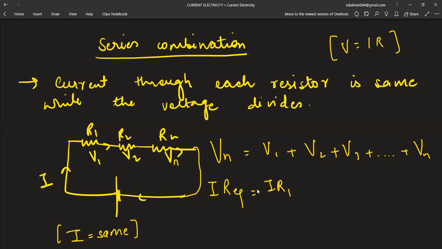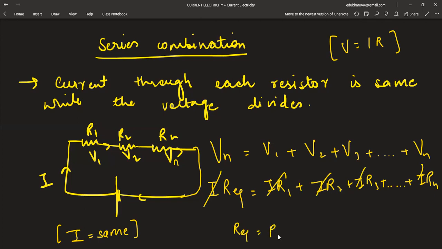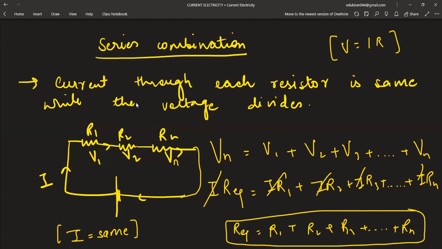Because it's a series combination, and in series combination, current remains the same. I R2 plus I R3 up till I Rn. Current will be cancelled. So R equivalent is R1 plus R2 plus R3 up till Rn. It means you just have to algebraically add for the equivalent resistance.